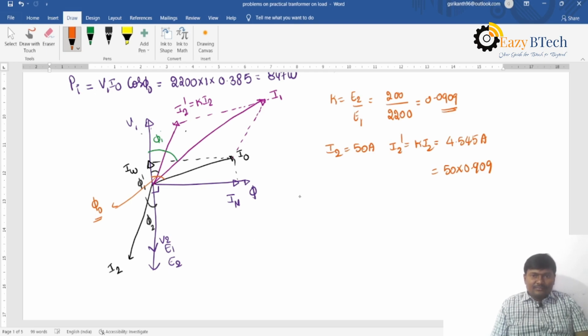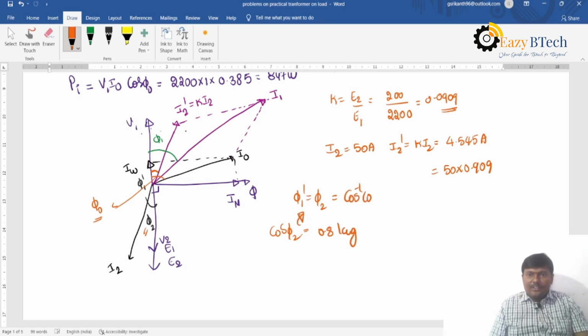After that, we know that phi 1 dash is equal to phi 2. Cos phi 2, this phi 2 is the angle between V1 and I2 dash, is 0.8 lagging. So from this you should calculate phi 2 is equal to cos inverse of 0.8, that is equal to 36.86 degrees lagging.